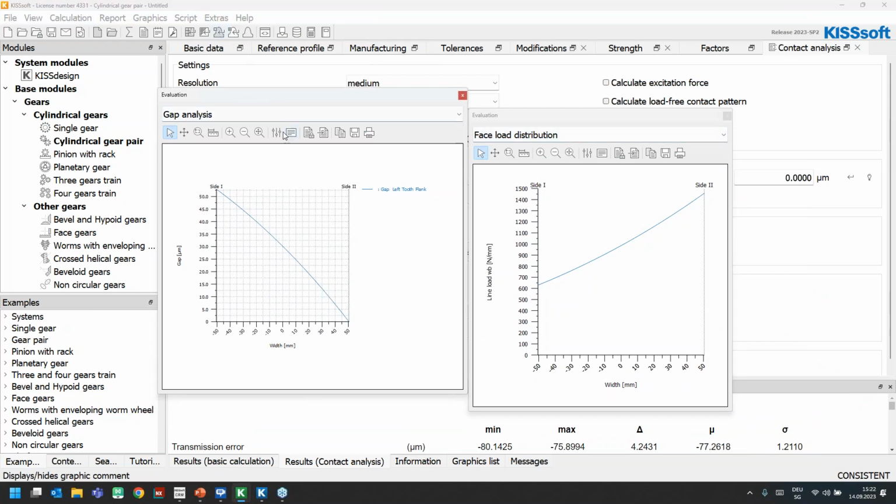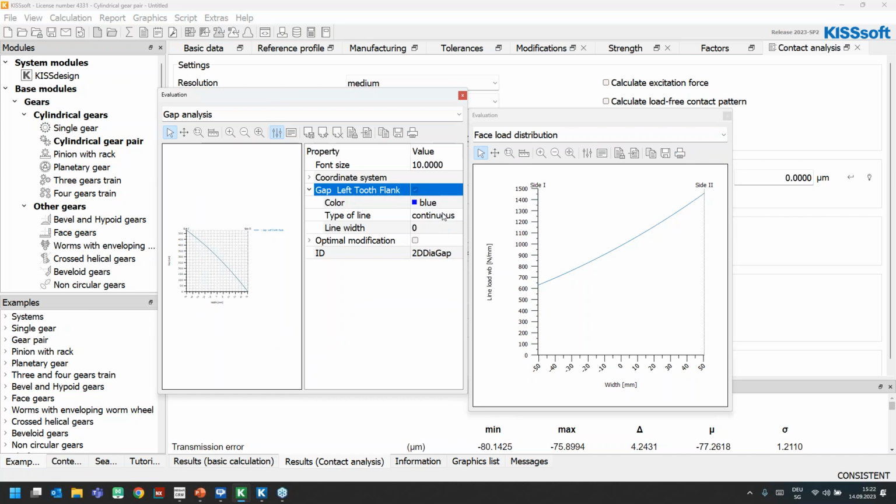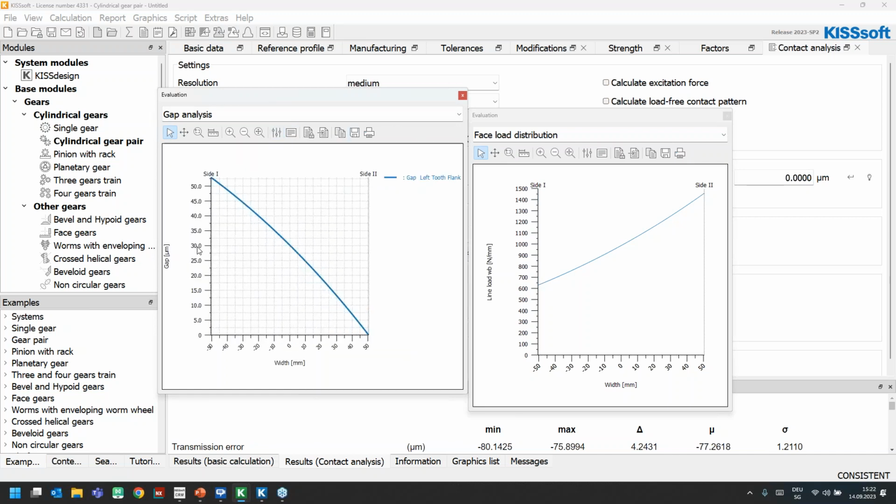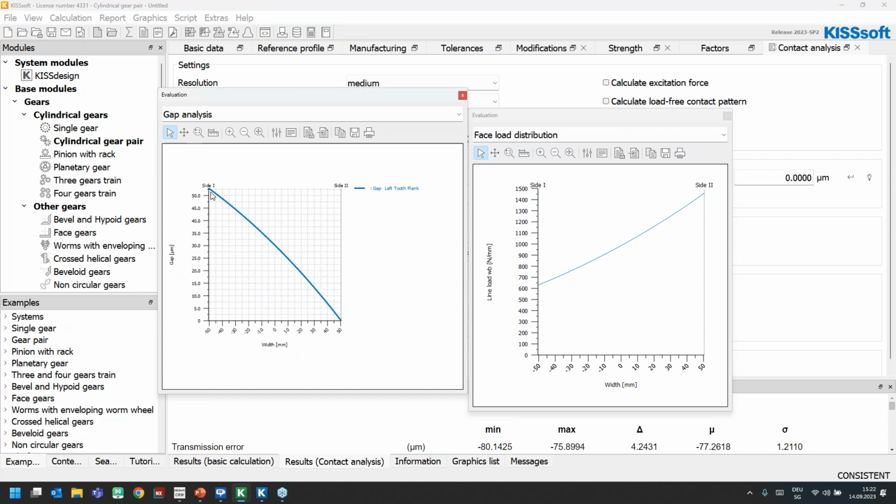What does this graphic mean? Let me make the curve a little bit thicker. All right. So this line shows me that if we deform both of our gears and then we roll them together, in between these gears, in a deformed state, we will see a gap.